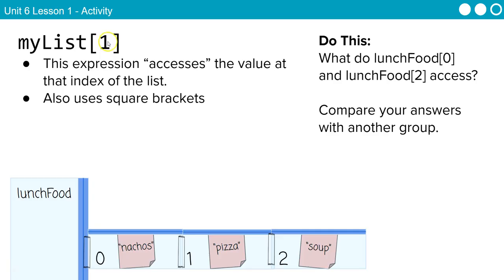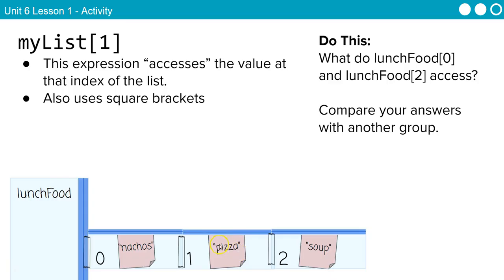I know the second element is going to have the index number 1. So to get that, I just need to type the variable name that you stored your list to, in this case my list, and then in square brackets, put the index number that you want to get. Since the second element is index 1, I say my list, square bracket, 1, closing square bracket.